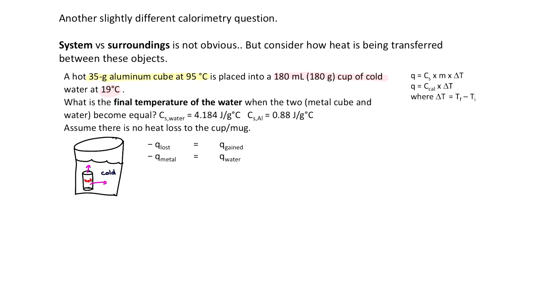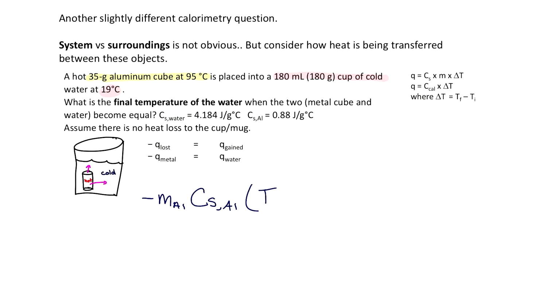So what do I mean by that? We're going to do Q equals mCΔT on both sides. Q of the metal is equal to the mass of the aluminum, times the specific heat of the aluminum, times delta T of the aluminum, final minus initial.